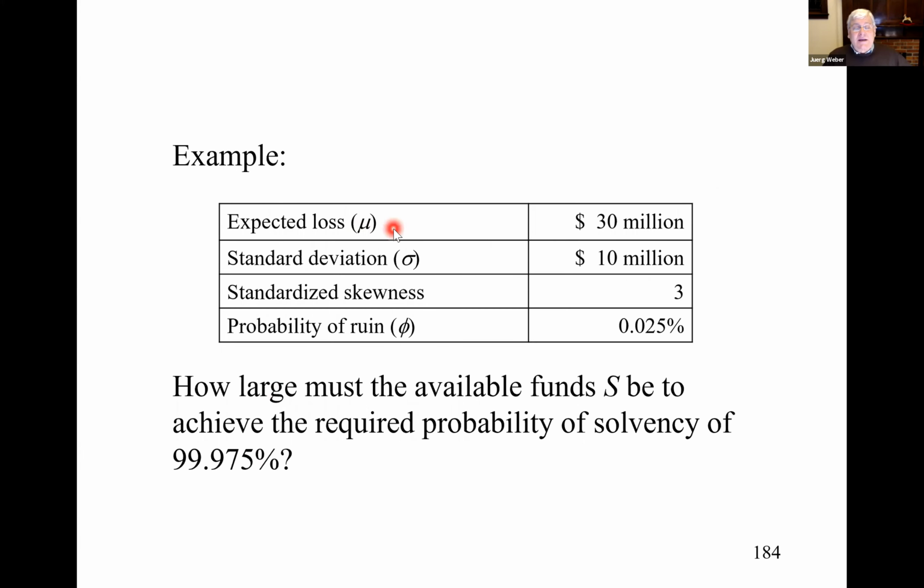So let's assume again in the example, the expected loss is 30 million, standard deviation 10 million, skewness 3. And let's now work with a tiny probability of ruin, 0.025%, much less than 1%. So how large must this initial capital, S, be to achieve this required probability of solvency of 99.975%? This amounts to a required probability of solvency of more than 99%.